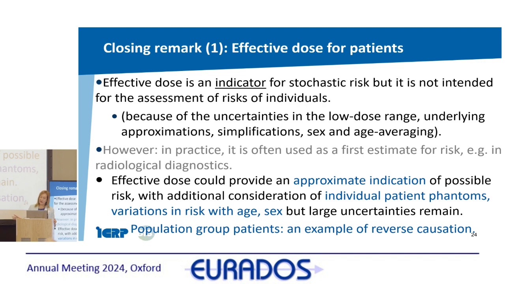Effective dose could provide an approximate indication of possible risk with additional consideration of individual patient phantoms, but large uncertainties remain. Also, the population group of the patients is, of course, not a group like the general population.